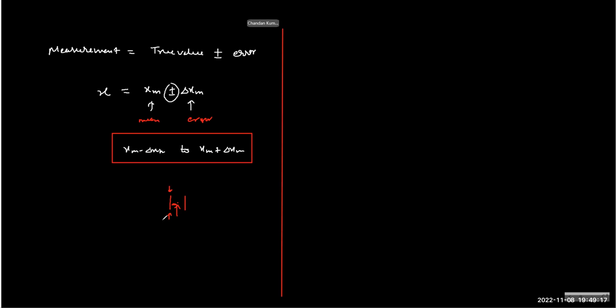So when you use the meter scale, the least count is 1 millimeter. But if you use a vernier scale, which I will teach you later on in the error chapter, it goes to 0.1 millimeter. And if you go to a screw gauge, it goes to 0.01 millimeter. So that is the accuracy up to which you can measure. If you want to measure even smaller than that, you have to use the laser technique.